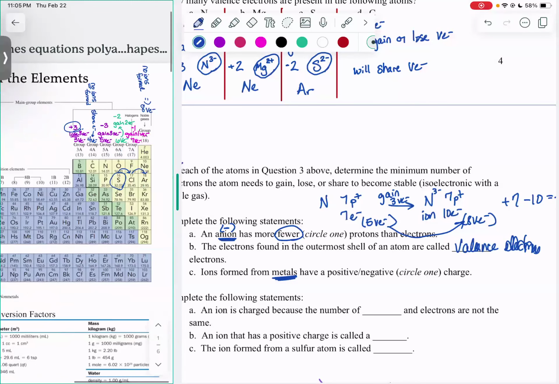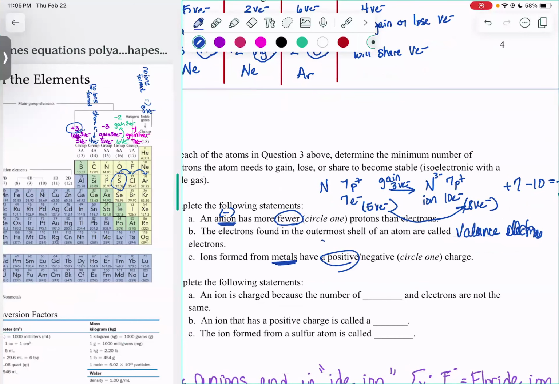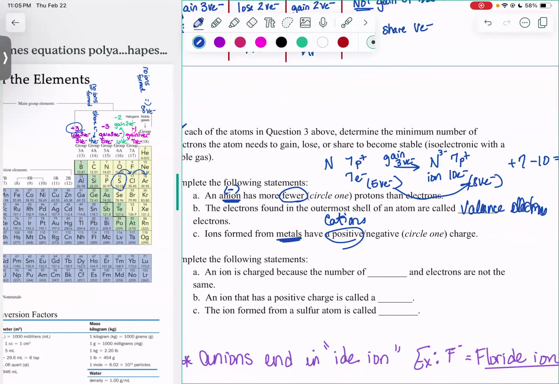All the stuff over there is going to make positive ions, or cations. All right, an ion is charged because the number of blank and electrons are not the same. Protons and electrons. An ion that has a positive charge is called a cation.